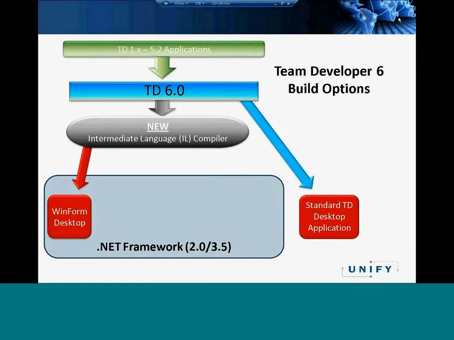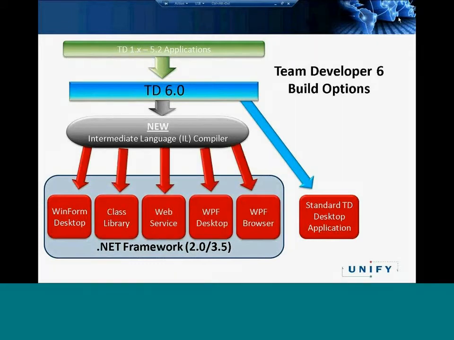Now in TD 6.0, we introduced the new compiler, which will allow you to create and compile applications that will use the .NET framework. For this new compiler, you will be able to compile your application in 5 different modes, as you can see. So you will be able to compile your application to the .NET framework using WinForm desktop applications. You'll be able to select a different compilation option to generate a .NET class library, a different option to create a .NET web service, or WPF desktop or WPF browser.